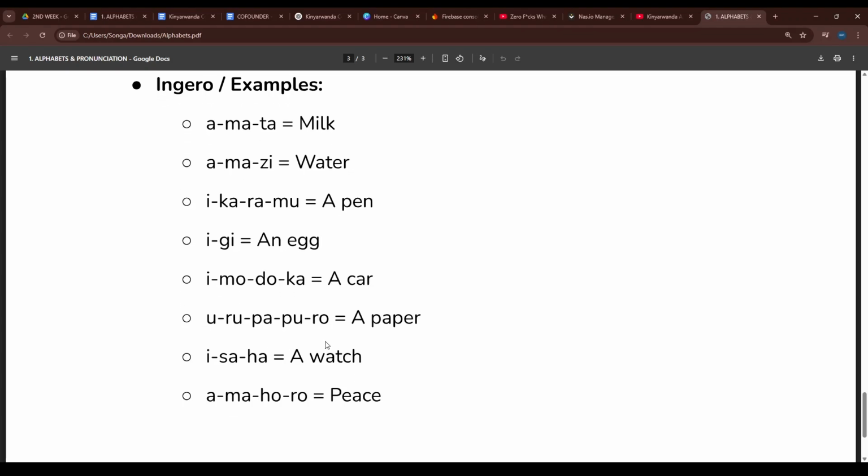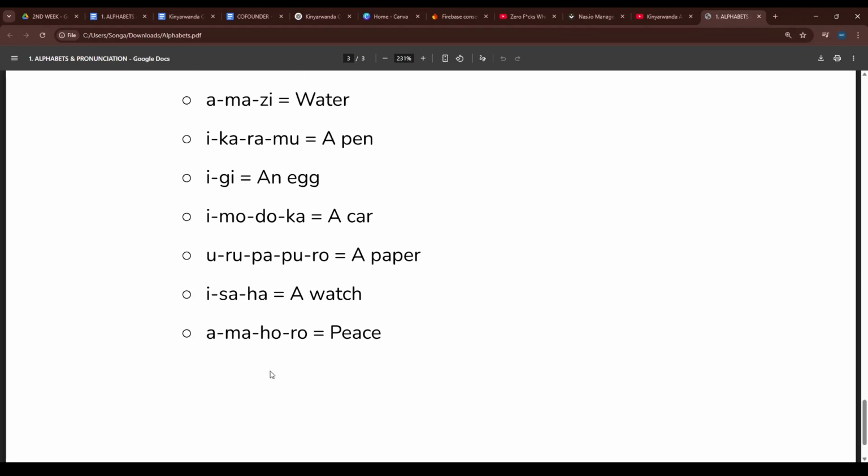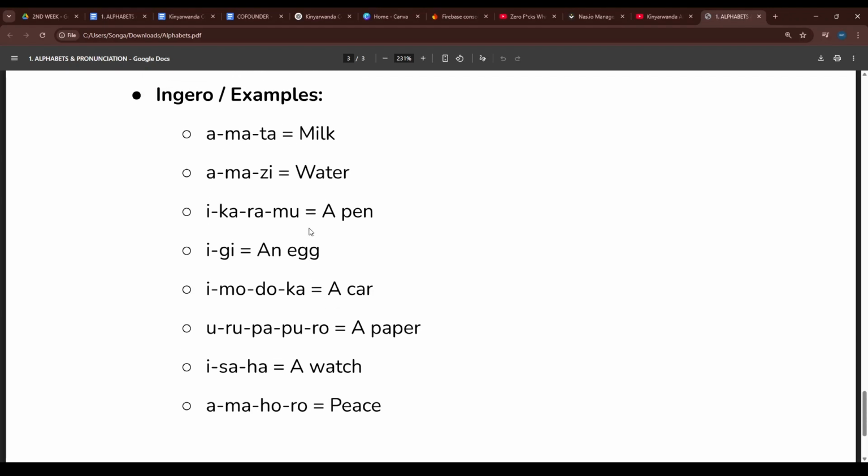And we have urupapuro, which is paper. And we have isaha, which is a watch. We have amahoro, which is peace. You can try to repeat these words as your submission of today. Try to repeat them, respecting the way each pronunciation is made.